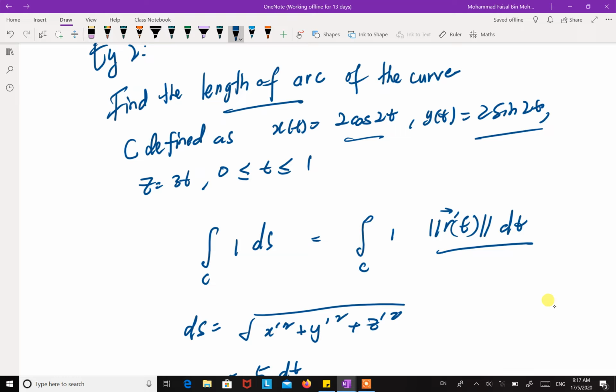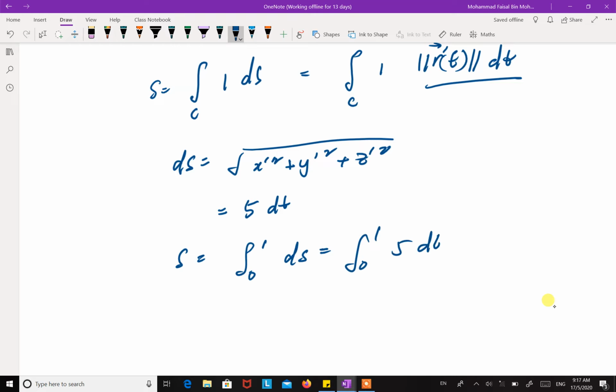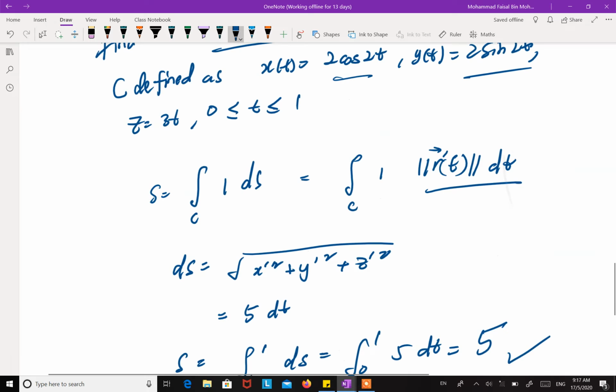This one, if you differentiate, you will get 4 cos 2t squared, and this, if you differentiate, you will get 3. So 3 will be 3 squared. And then your s, let's say I put just s here, is the integration from 0 to 1 ds, which is the integral from 0 to 1 of 5 dt, and this is just 5.